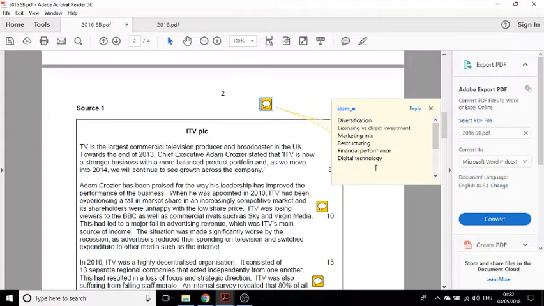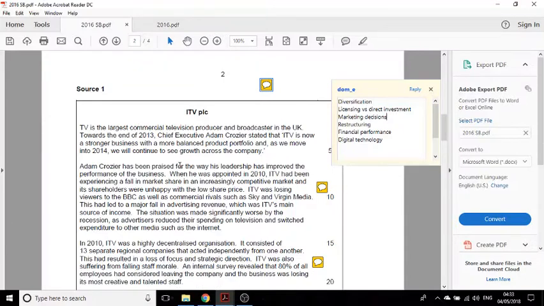And what my brain is now doing is I know what the questions are, I might not remember them exactly, but now I've got in my head that there's a question about diversification, there's one about licensing, it's marketing decisions, isn't it? I'm going to be looking out for information about marketing as I read through the case study. And now as I read the case study, I can read it purposefully because the answers to the questions are in here, or at least the application that I can use to answer the questions are in here.